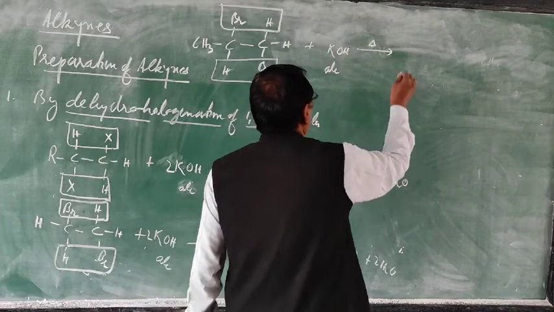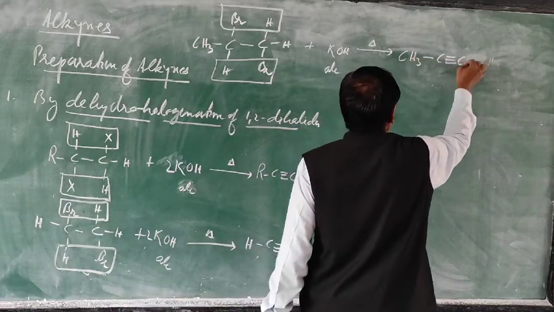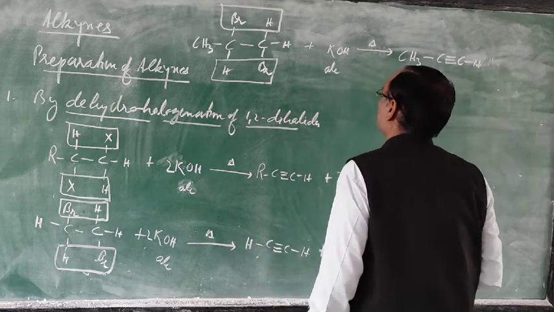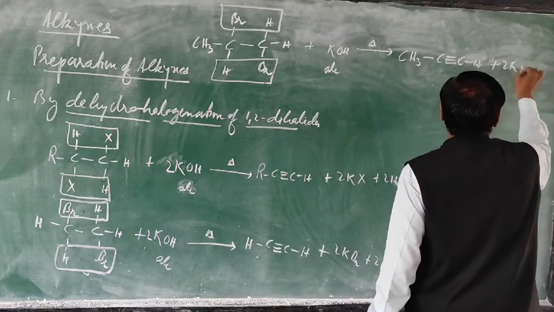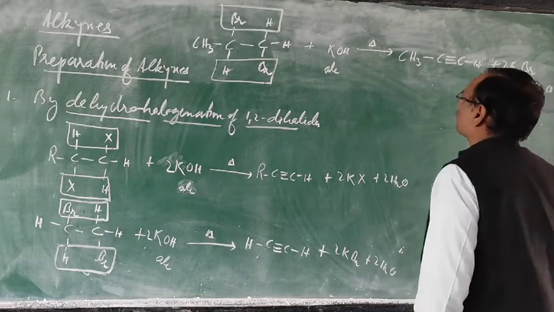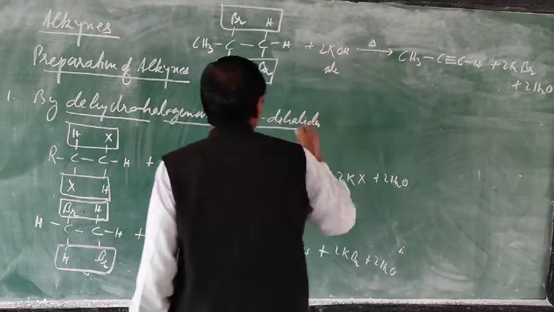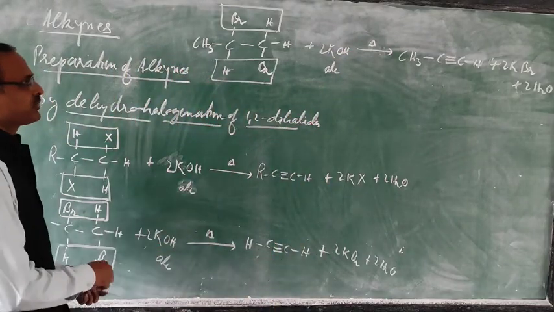So this will form CH3, C triple bond CH, and 2KBr plus 2H2O. In this way you get ethyne and propyne.